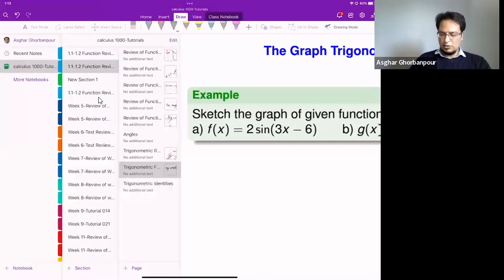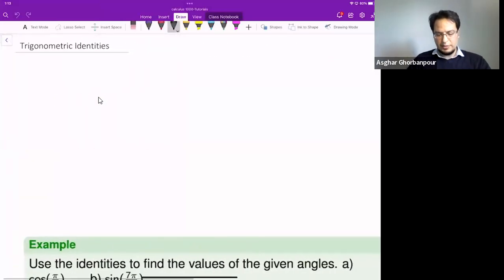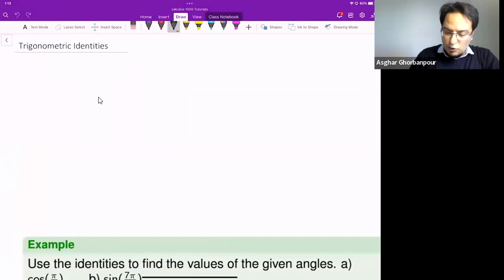Okay, so I will go for the trigonometric identities. I will quickly tell you about a few things. One important trig identity is basically the Pythagorean theorem.